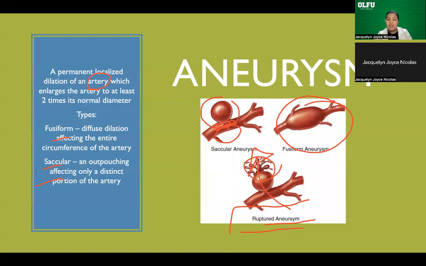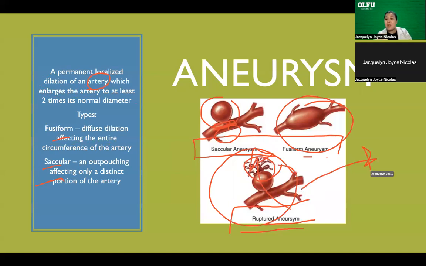So just imagine, if these types of aneurysm suddenly ruptures, it will deplete the nearest organs, okay, because they won't be delivered with enough blood to meet their demands. Okay, so that's the reason why aneurysm can be fatal.